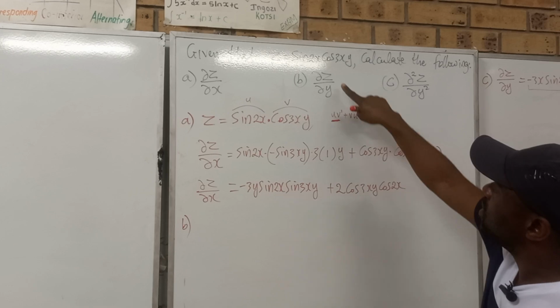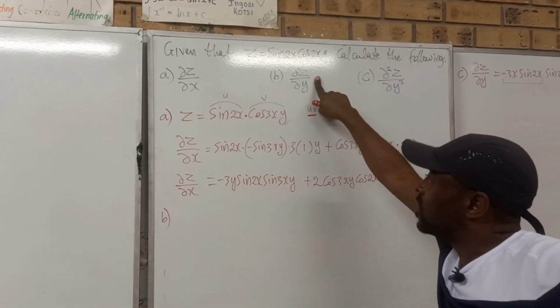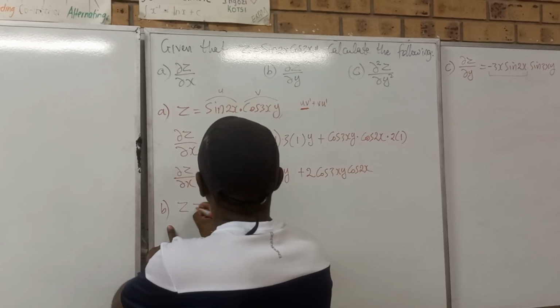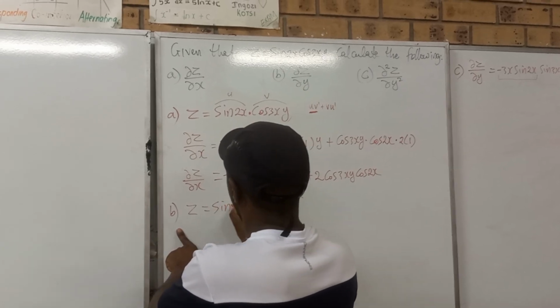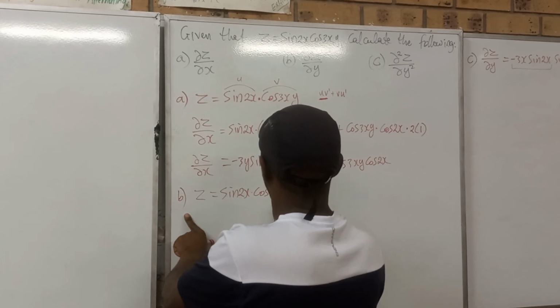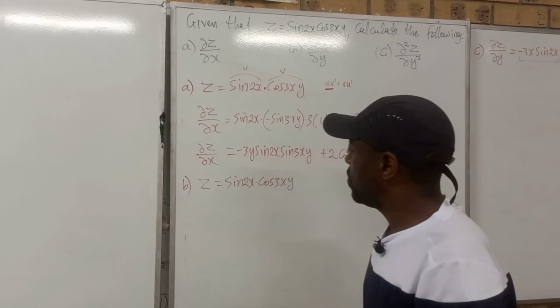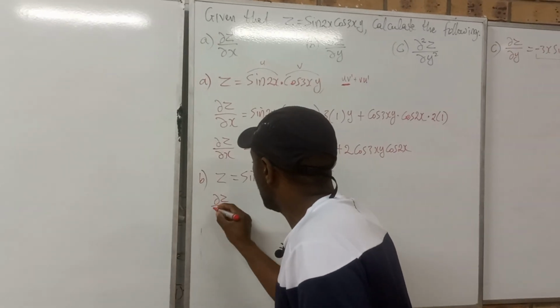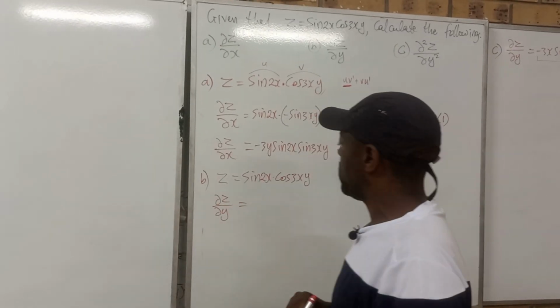We are differentiating the same z with respect to y. So let me bring down my z first. My z is sine 2x multiplying cos 3xy. So this time the variable has changed, and this is something you must be able to pick out.